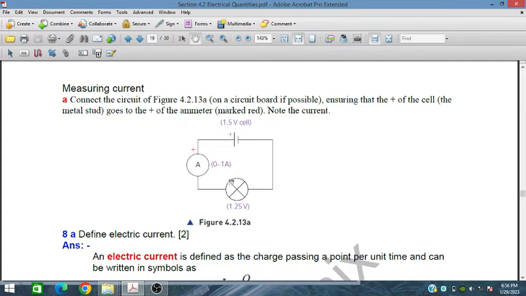This is the ammeter and this is the load, a glowing light bulb, and this positive is connected to this positive and will work like this. Connect the circuit on a circuit board if possible. Ensure the positive of the cell metal stud goes to the positive of the ammeter marked red.